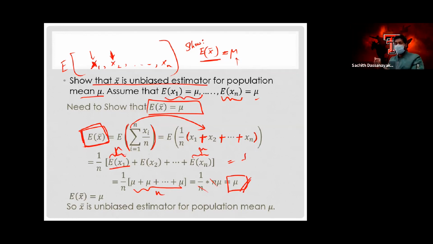If you have to prove whether a given estimator is unbiased or not, you have to do this. There are a few processes, but here you have to do this process in your exam. Take the expected value and show it is equal to the parameter.